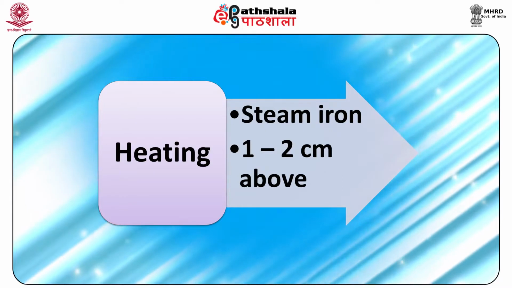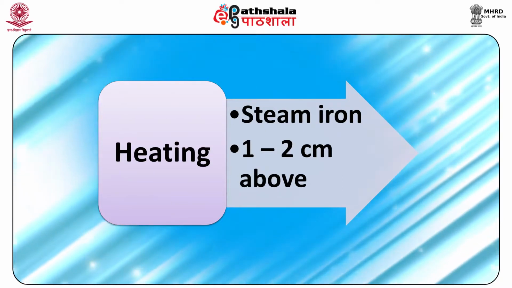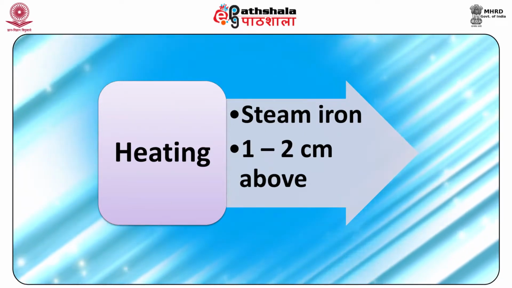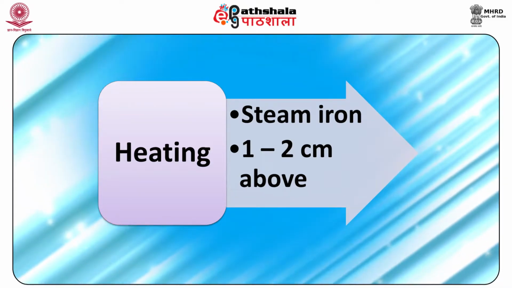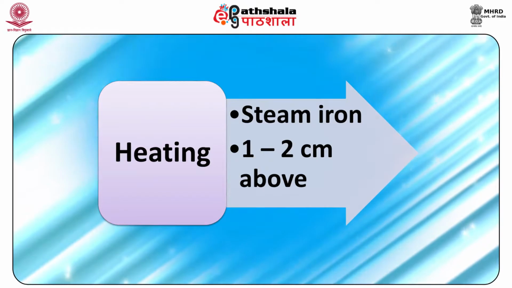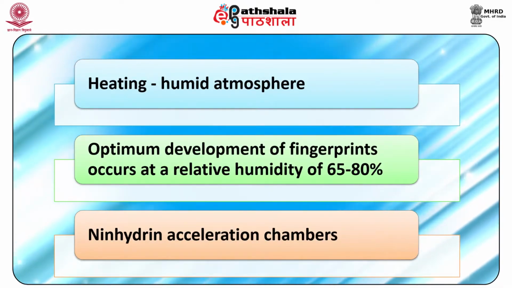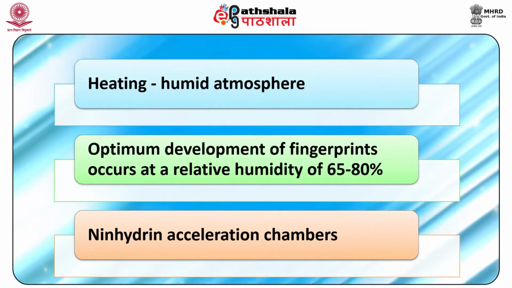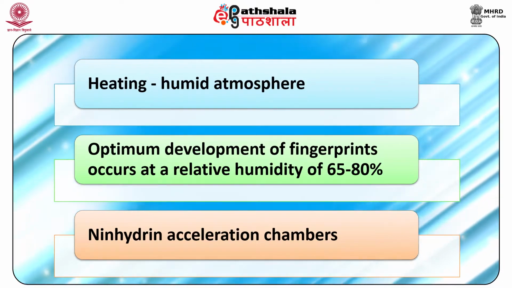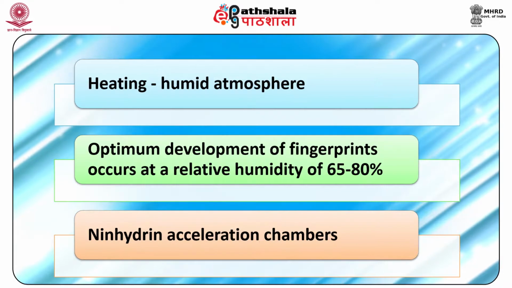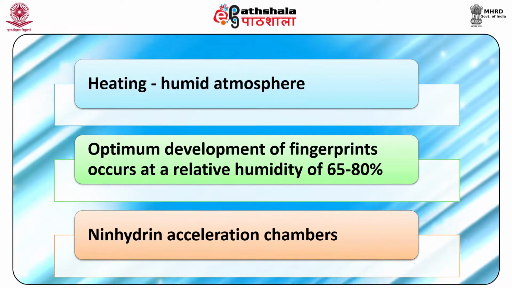Others have shifted to microwave ovens for heating and steaming. In the absence of these equipment, the object may be waved over a flask containing boiling water. In other cases, heating has to be carried out in a humid atmosphere. Optimum development of fingerprint occurs at a relative humidity of 65 to 80%.